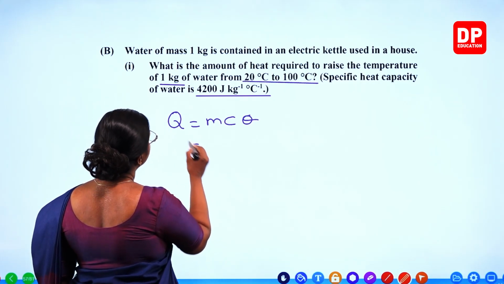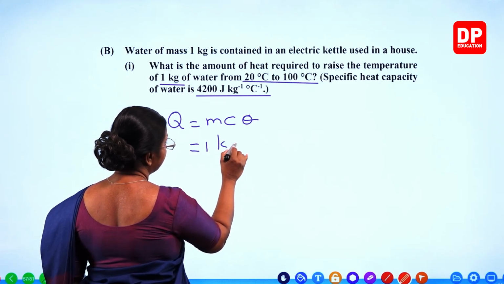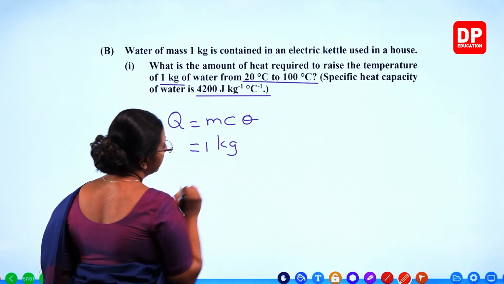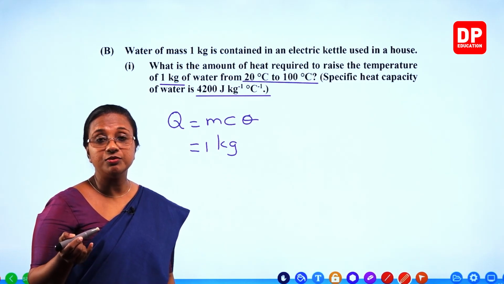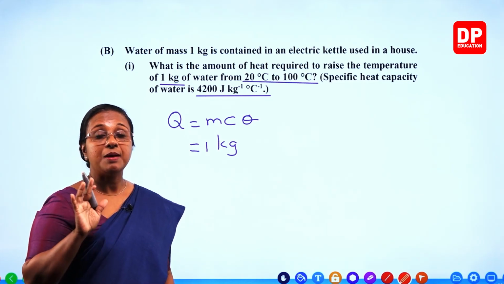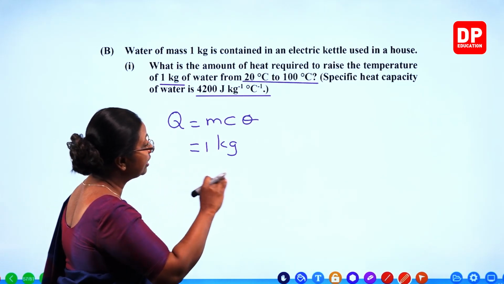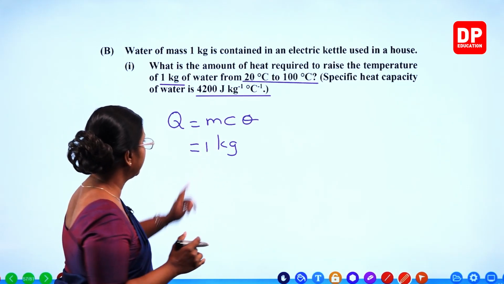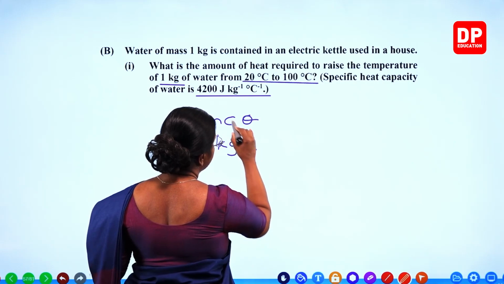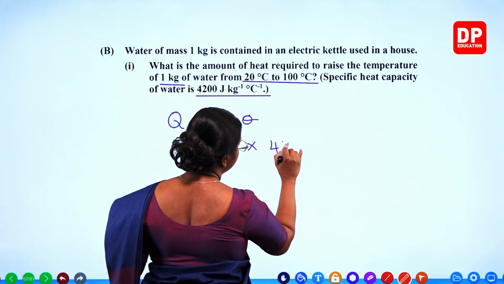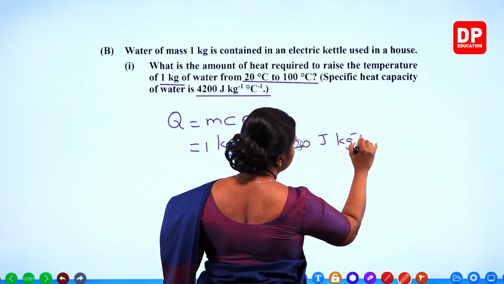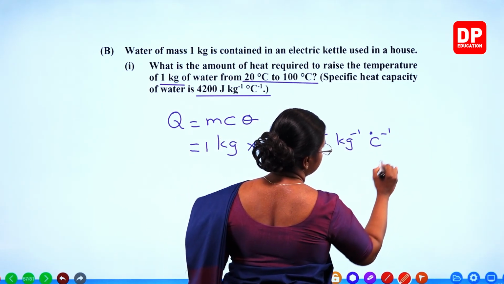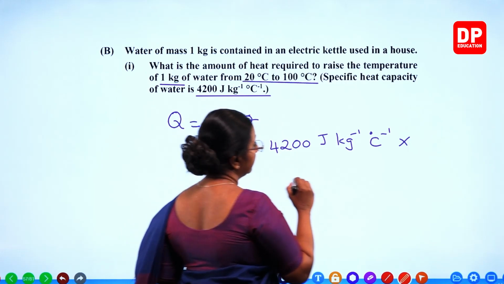If we substitute the values, the mass is 1 kilogram. Here also, the units are optional, students. You can substitute with the units or without the units, but you have to make sure that they are all in the standard unit. So, kilogram, no problem. Then, specific heat capacity 4200 joule per kilogram per degrees Celsius into θ. θ is what?